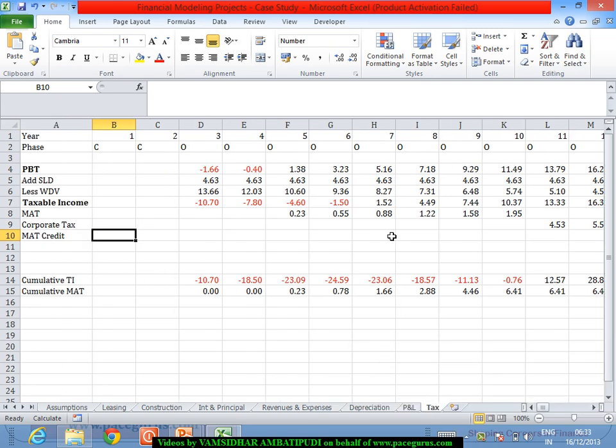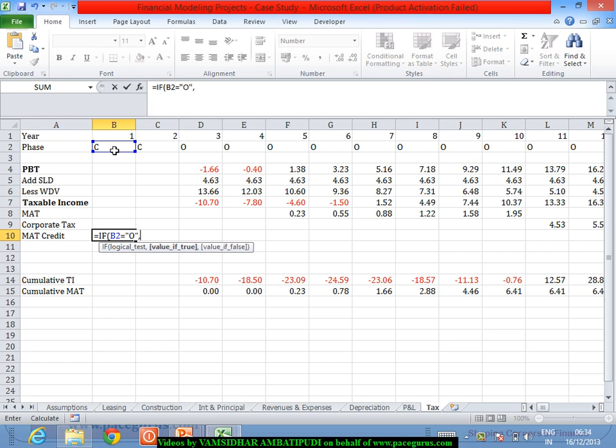Okay, so if this is the operations phase, what I would look at is, if the corporate tax part is blank, I'll retain it as blank only because I'm not bothered about the MAT credit there.